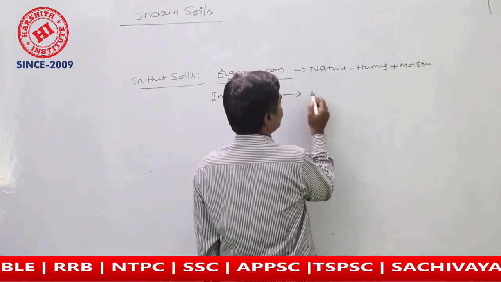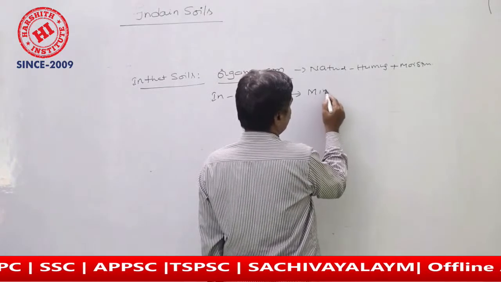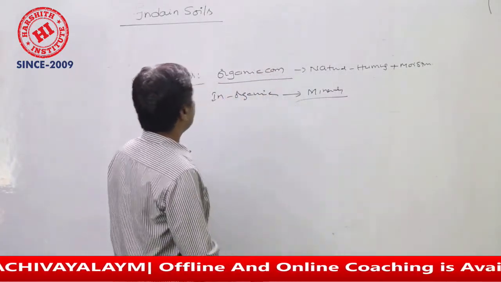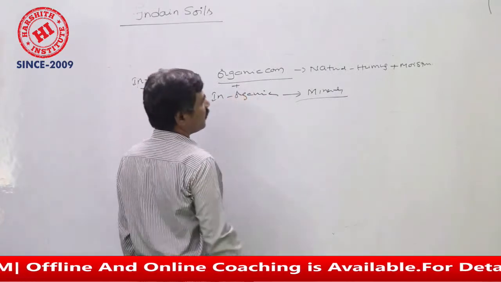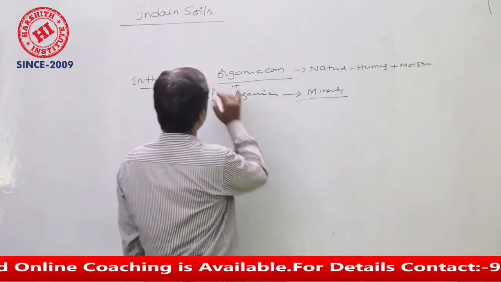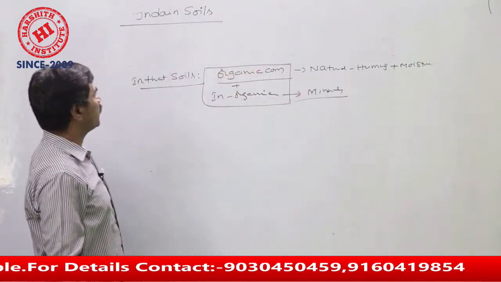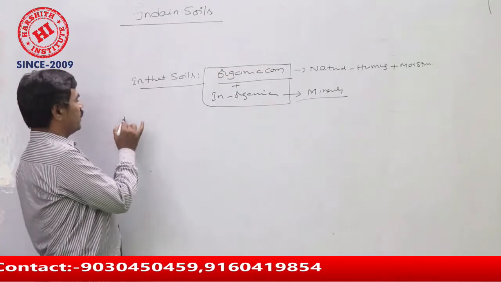Inorganic means the mineral factors, like I just now explained about the minerals. These organic and inorganic compounds, in combination with moisture, are converted into soil fertility, and it will be improved.